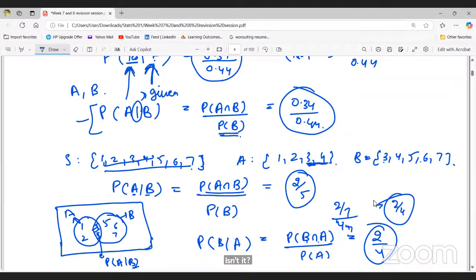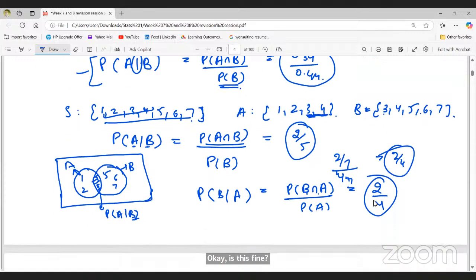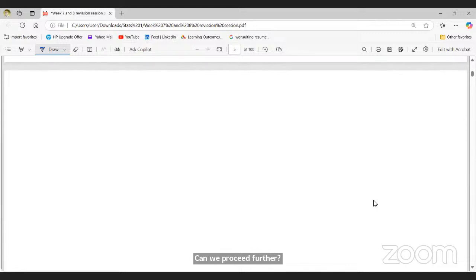It is the occurrence of one event given another event which has already occurred. B is the event already occurred, and from that we are selecting some events, which is the conditional A. Is this fine? Can we proceed further?